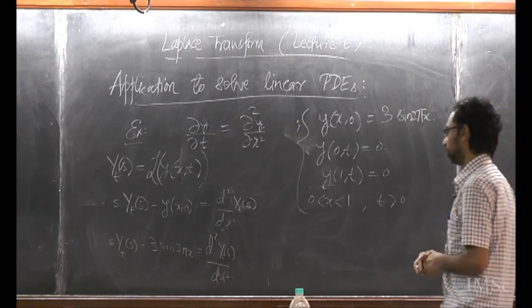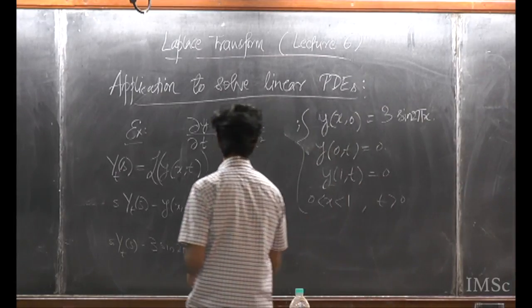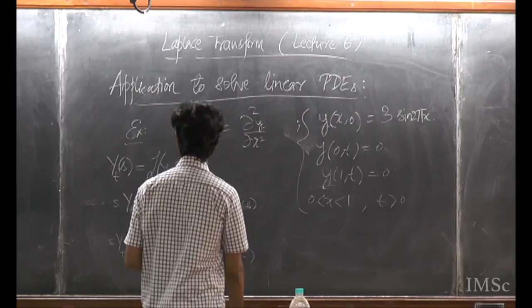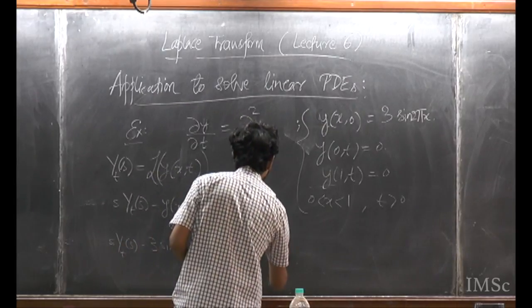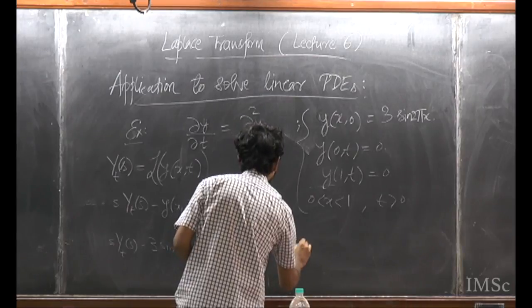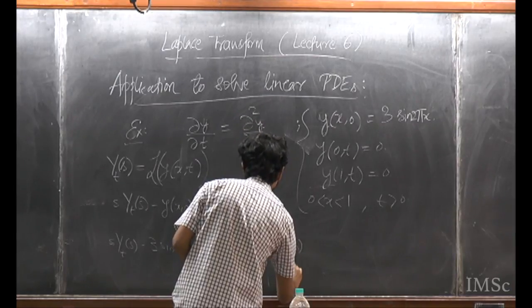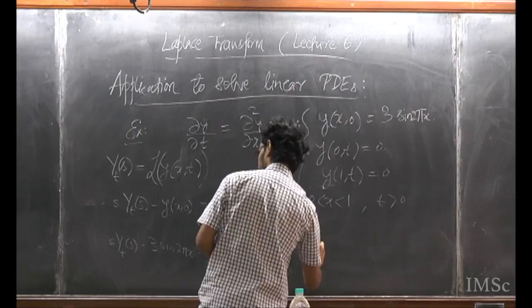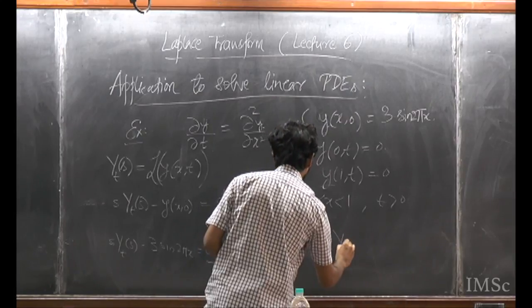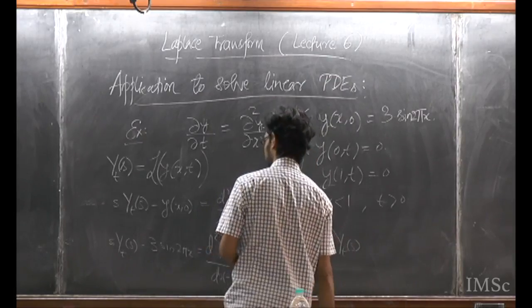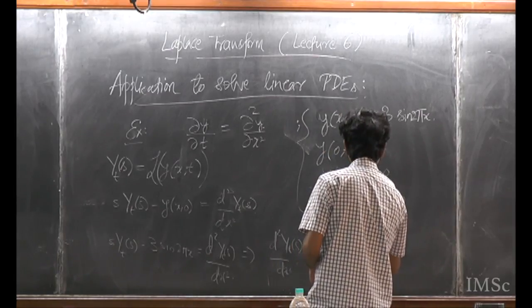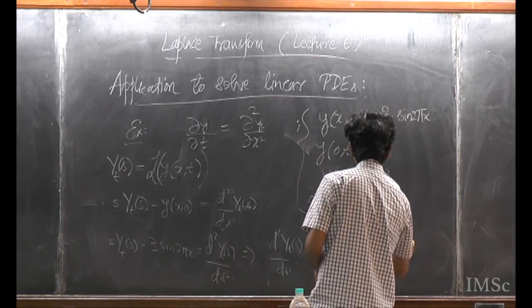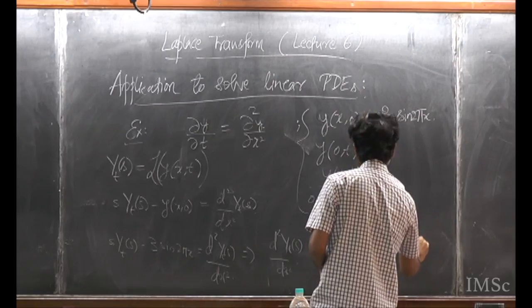So we can write it as d2Y(x,s) by dx2 minus s Y(x,s) equals minus 3 sine 2 pi x.